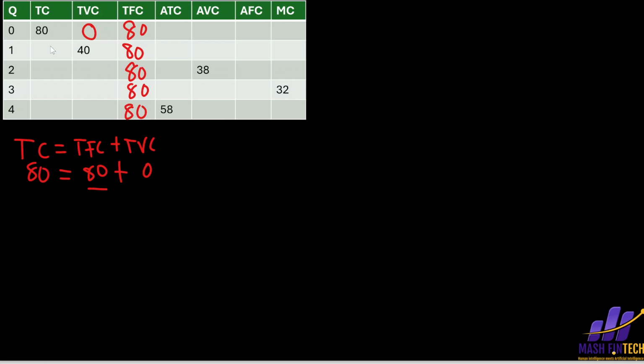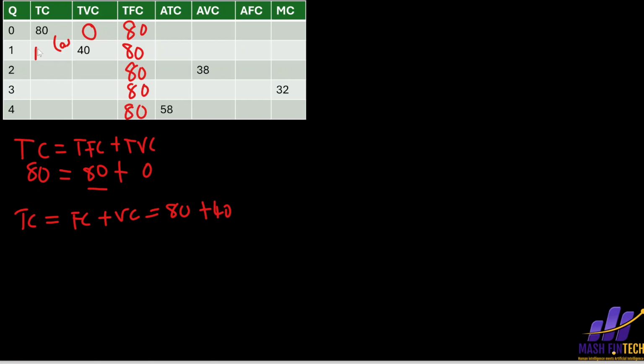So when we get here now, the total cost, let me use letters and put the formulas here so that you can refer back to them. Let's say this is A. To get A, the total cost is equal to the fixed cost plus variable cost, which is equal to 80 plus 40.